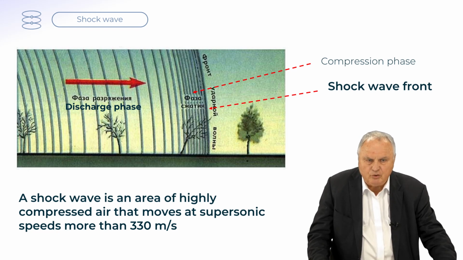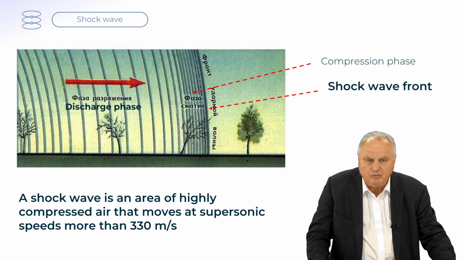The first one shows the qualitative structure of the shock waves. The most important part of the shock wave is the shock wave front. You can see it here. The thickness of the front is negligible. Therefore, it is assumed that all the parameters of the medium are discontinuous at the shock wave's front.